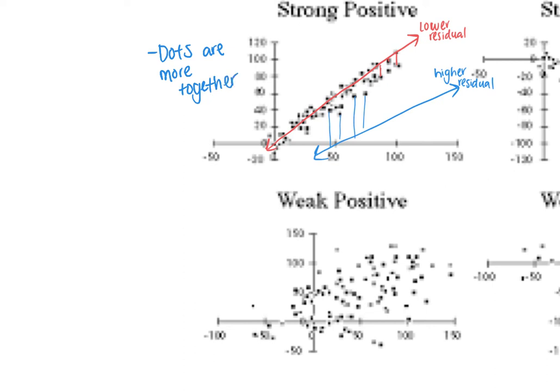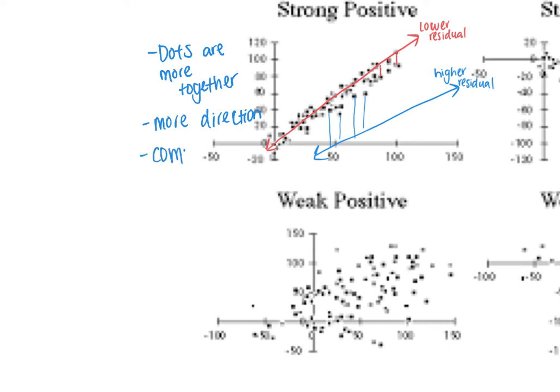What else? How else would you describe the strong one compared to the weak one? Brady? It has more of a direction. Yeah, more of a direction. Gabby, what were you going to say? I was going to say the same thing. Okay, and I want you guys to think about this as compact.